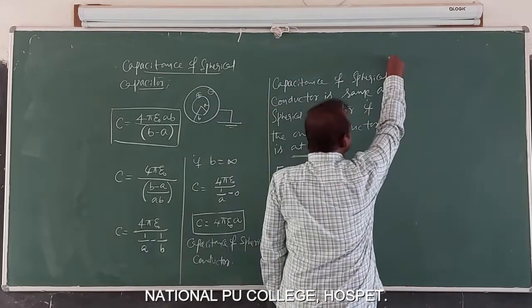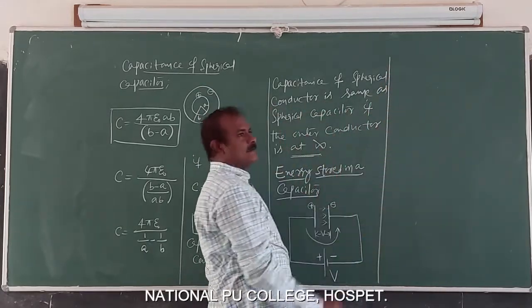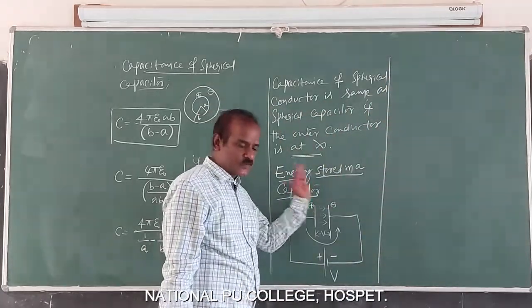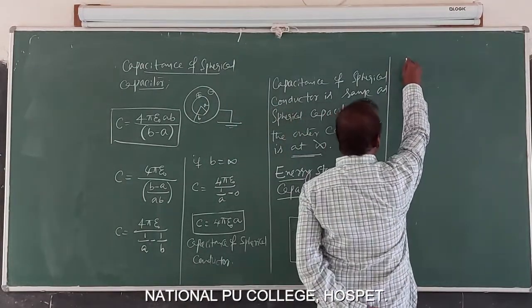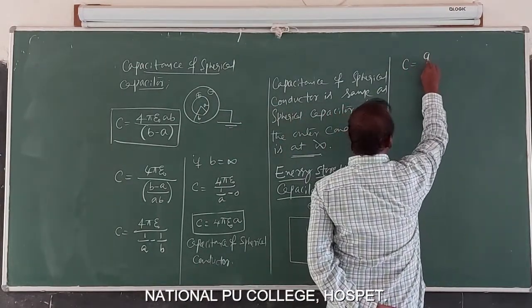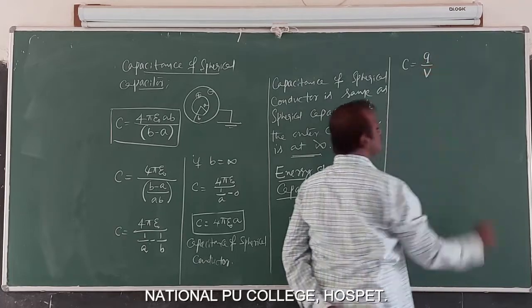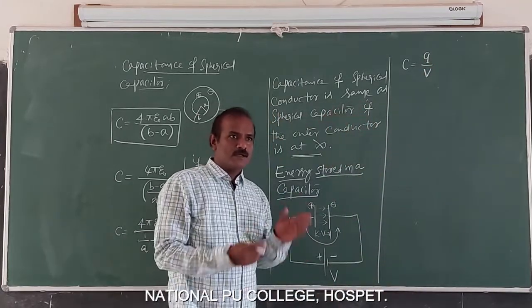Well, now let us consider the capacitor is fully charged, therefore its capacitance is written as C is equal to Q by V. Assume this is a basic formula. Why are we using this formula?